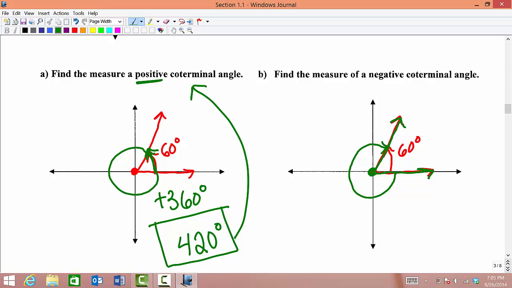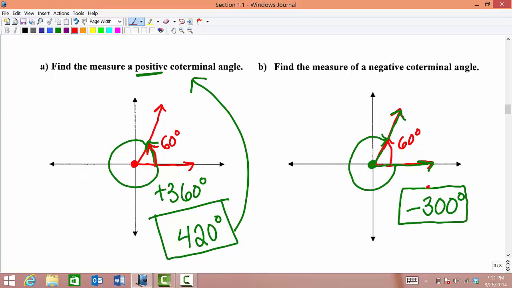So what would that be? Well, if I go in the negative direction, that would be negative 300 degrees. So it's almost a complete rotation in the negative direction, except we stopped 60 degrees short of a complete rotation. So that would be a coterminal angle of negative 300 degrees.